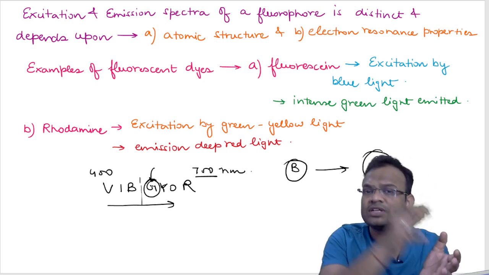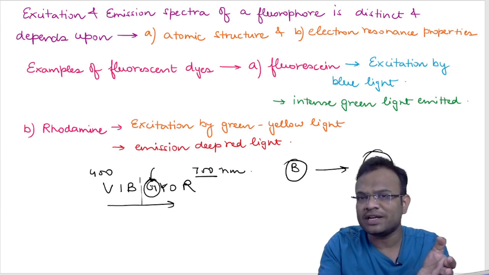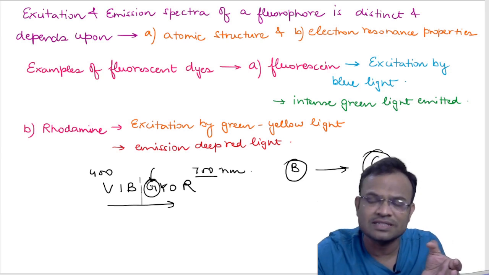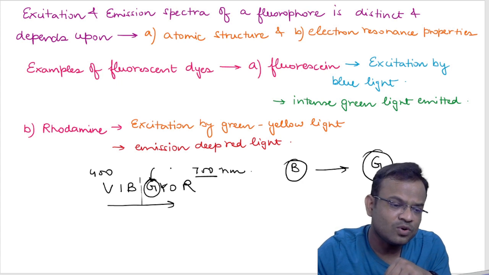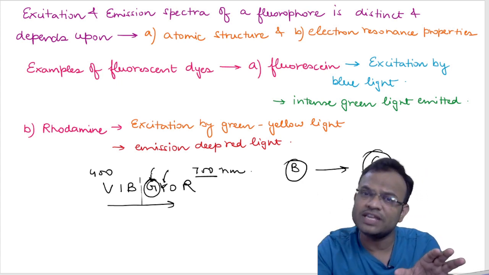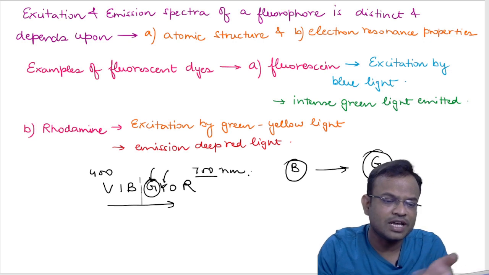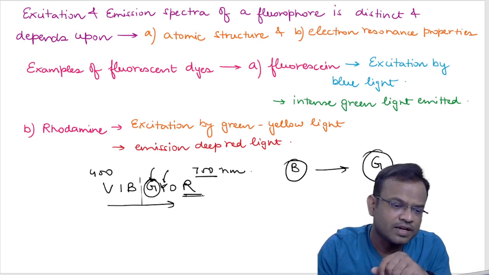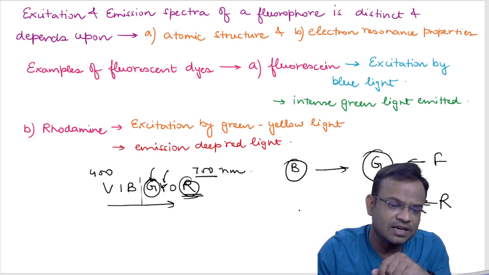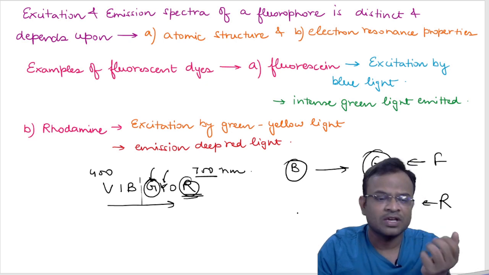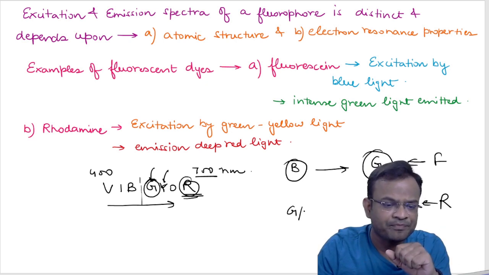Again, the light that would be emitted out in the form of fluorescence would be somewhere over here, because again the wavelength will increase, so it will be yellow or you can say deep red in color. So over here it is deep red in color. In case of fluorescein, this was the case. In case of rhodamine, you are using the greenish yellow light and the emitted light is deep red in color.